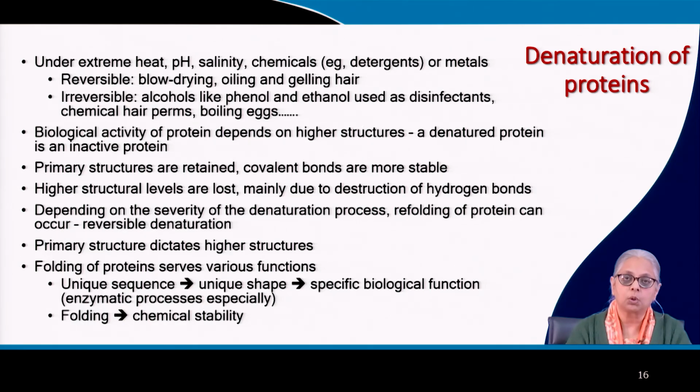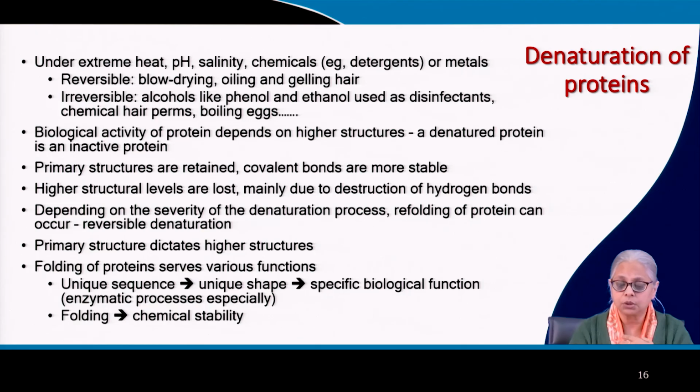Same thing happens with oil, same thing happens with gel. So you have all these products in the market which allow you to set your hair, but it's reversible because when you wash it, it comes back to its original form. There are other chemicals that can be used to break the biologically dictated structure.